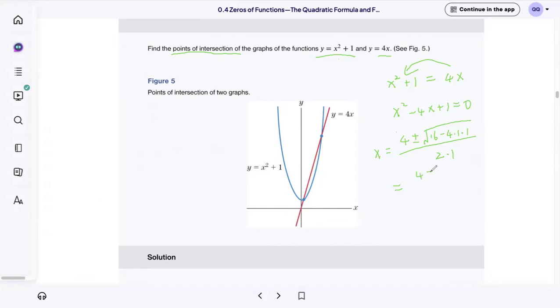So that becomes 4 plus or minus the square root of 16 minus 4, which is 12, then divide by 2. 4 divided by 2 is 2, plus or minus the square root of 12. The square root of 12 is the square root of 3 times 4. The square root of 4 is 2, so the square root of 12 can be written as 2 square root of 3. Then 2 divided by 2 becomes 1, right? If it's 1, we don't really have to write it. We just write down 2 plus or minus the square root of 3, right?